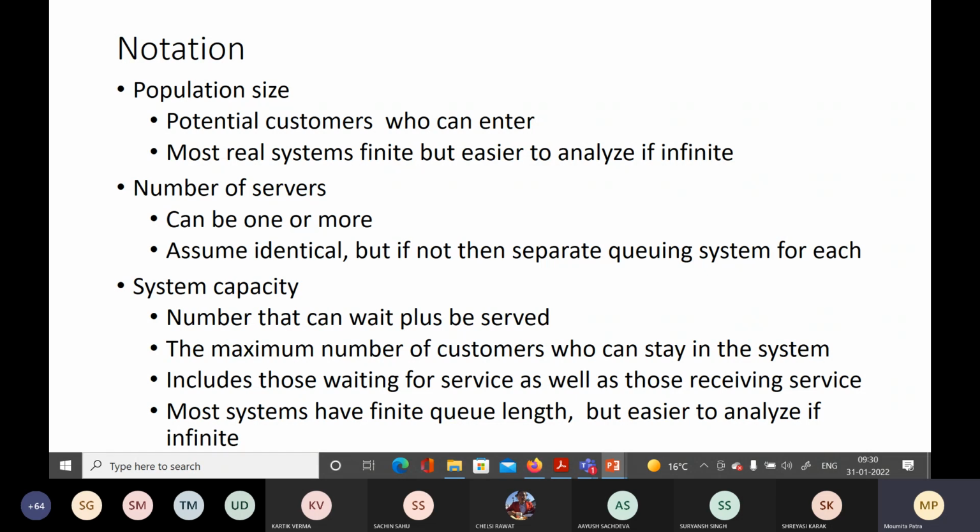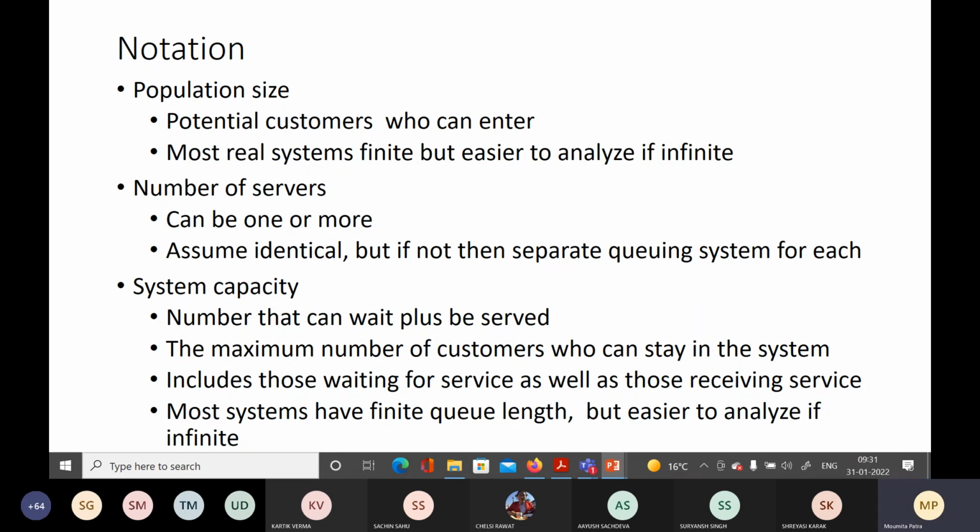If there are multiple servers, the number of jobs waiting in the queue plus the number of jobs getting served will make up the system capacity. In other words, it is the maximum number of customers that can stay in your system, including those currently waiting and those receiving service from the servers.